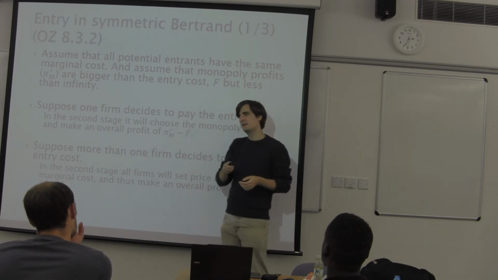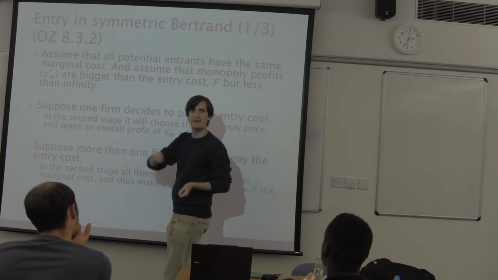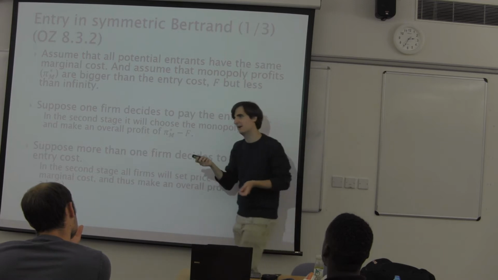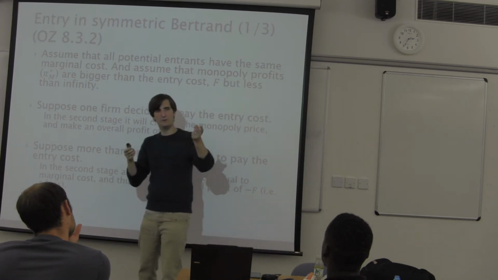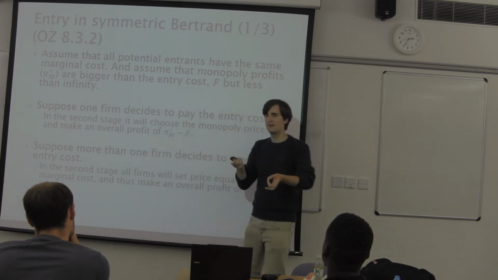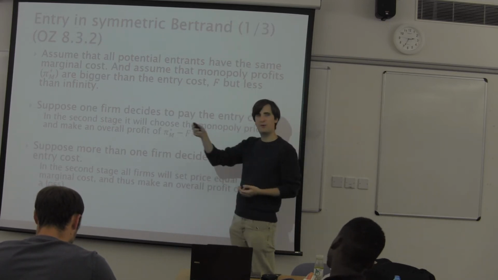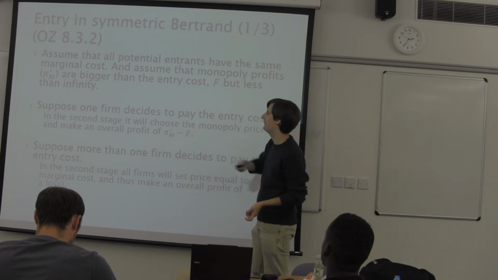How many terminal nodes are there here? There could be quite a lot. There could be one firm entering, two firms entering, three firms, etc. So let's go through them in order. We'll start with one firm entering.